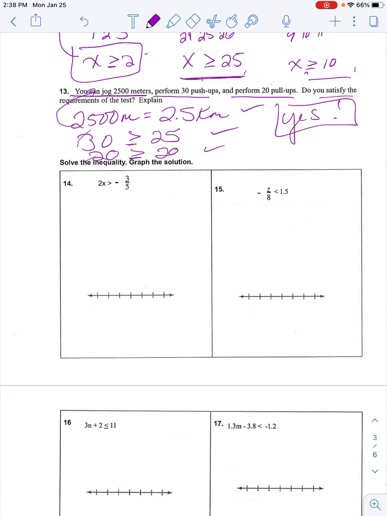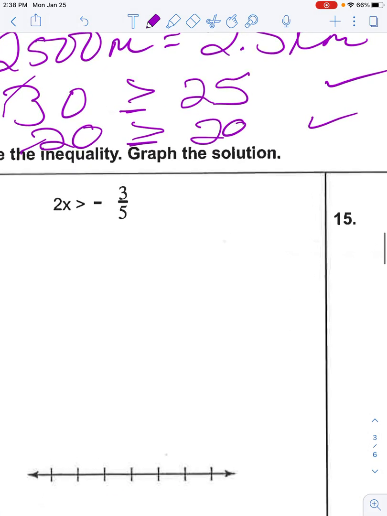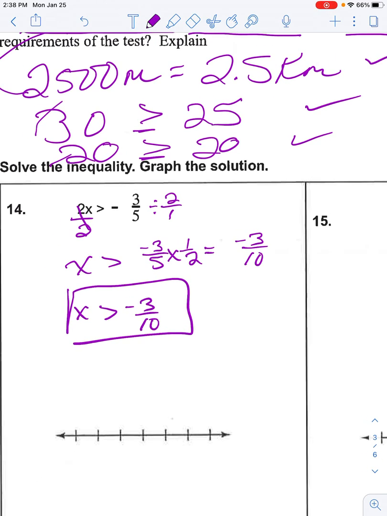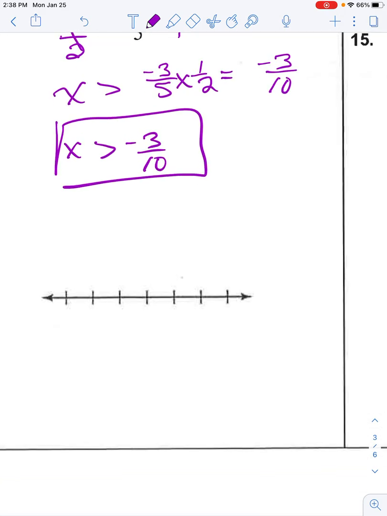Solving the inequality, graph the solution. We're solving for x, always solving for the variable. It says multiply by 2, so we're going to divide by 2 to solve for x. We don't divide fractions. We keep it, switch it, flip it. Positive times a negative is a negative. So x is greater than negative 3/10.